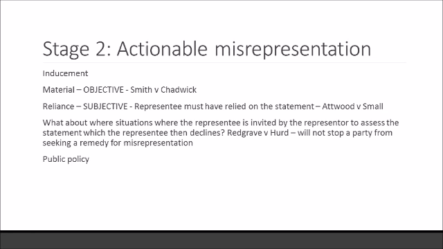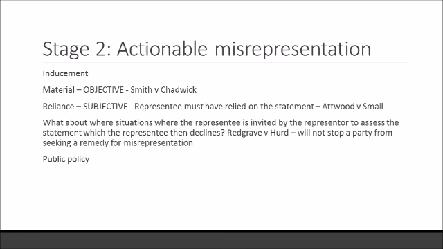In Smith and Chadwick, the representor represented that in his particular company there was a famous director. He was a celebrity, and he was part of the company, and he said this to essentially induce the other party into that contract.